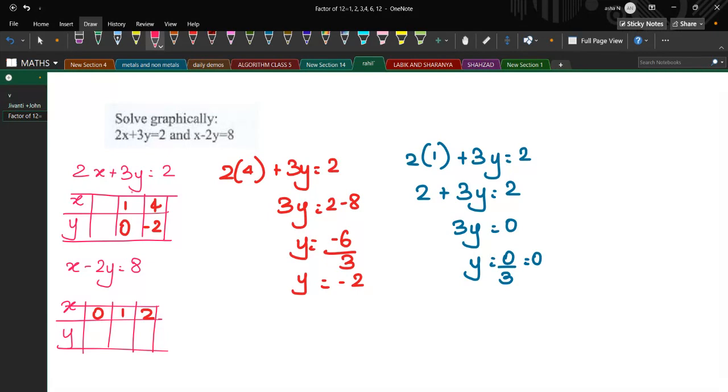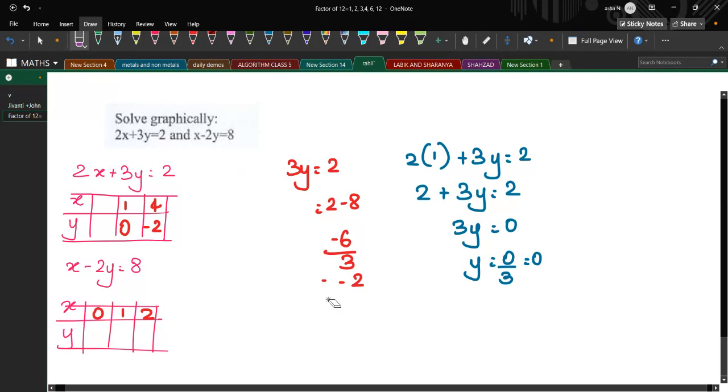If we take 0, then two zeros are 0, 3 upon 2, which will come in some decimal, 0 point something. No, we cannot take any other number, I suppose. We have to take a very big number.